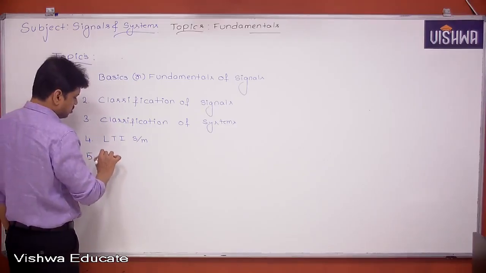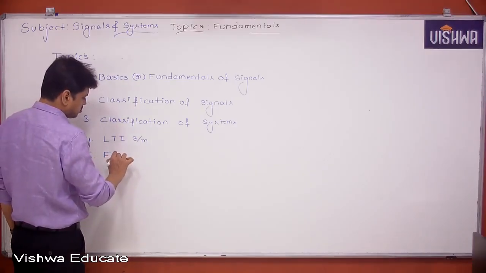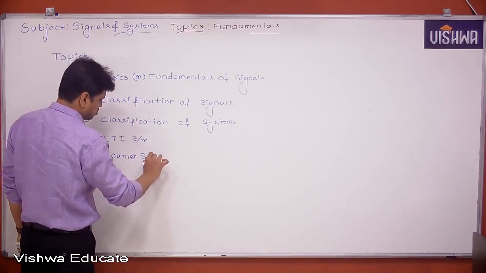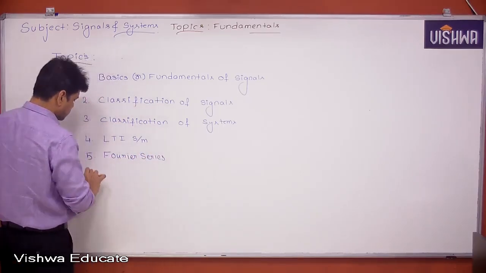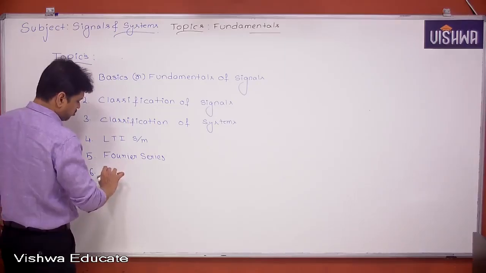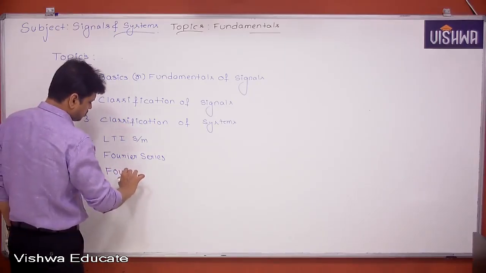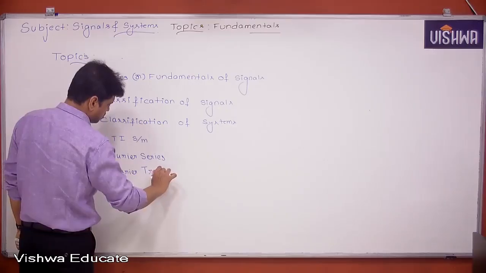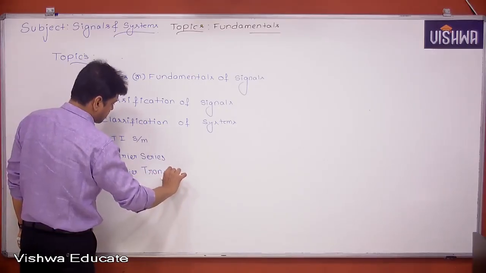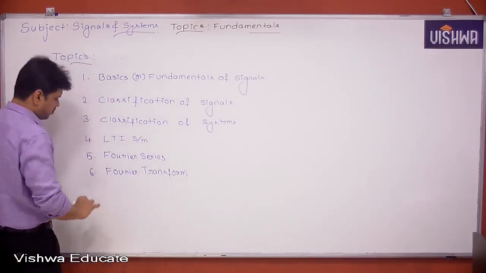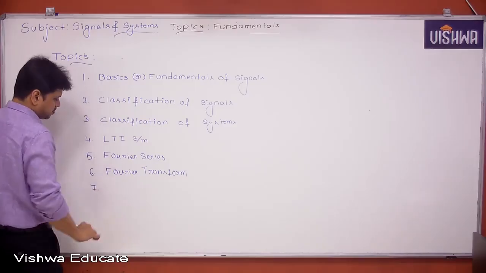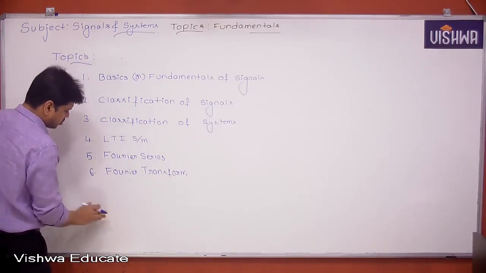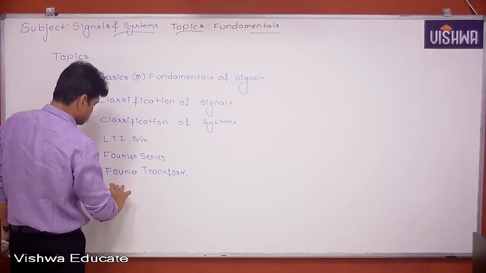Okay. Next, fifth one, Fourier series. Sixth one, Fourier transform. Seventh one, which comes in the Fourier transform itself, the sampling theorem.